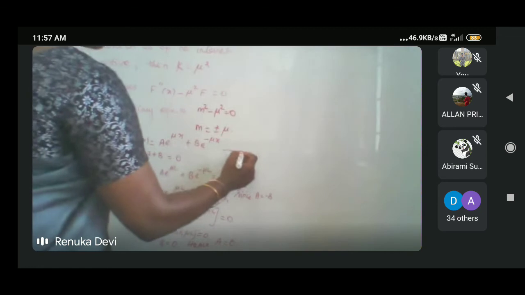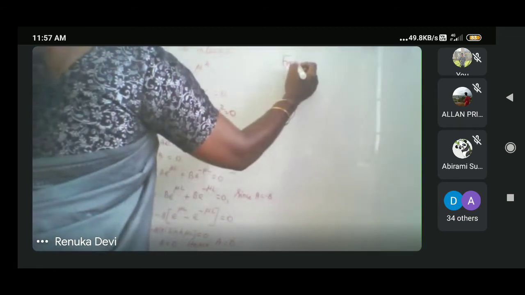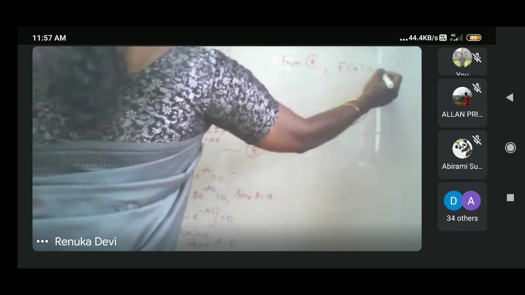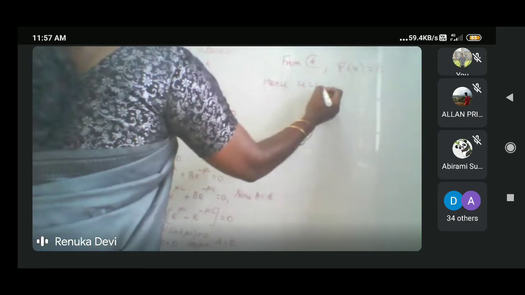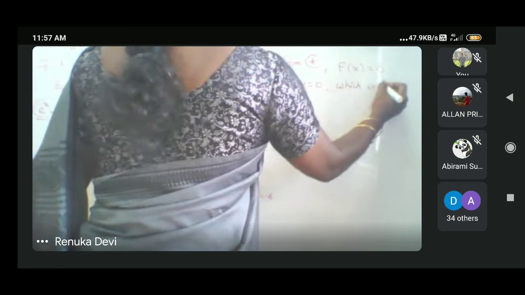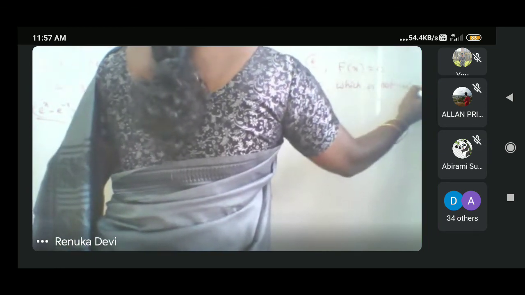Therefore, from star, f of x equal to 0. Hence, u equal to 0, which is not what we want.